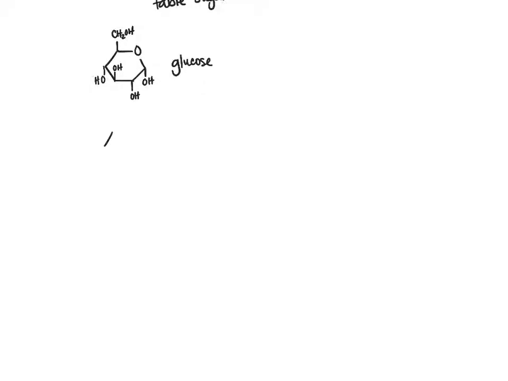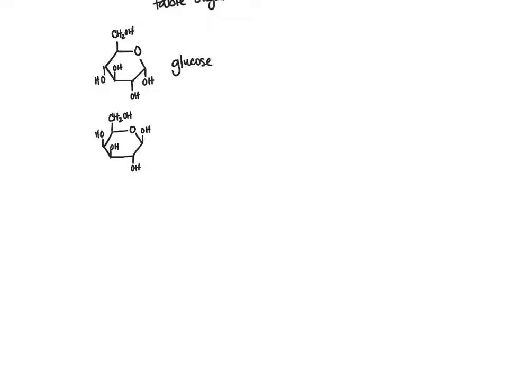Then I'm going to draw galactose. So in this case, you can see that I'm going to change the direction of the hydroxyl groups, and we're not going to get into kind of orientation and organic chemistry in really big detail here, but that means that it's a different orientation, making it interact with things in a different way.